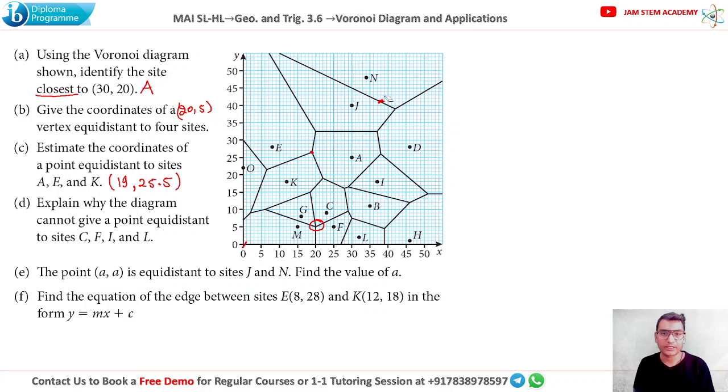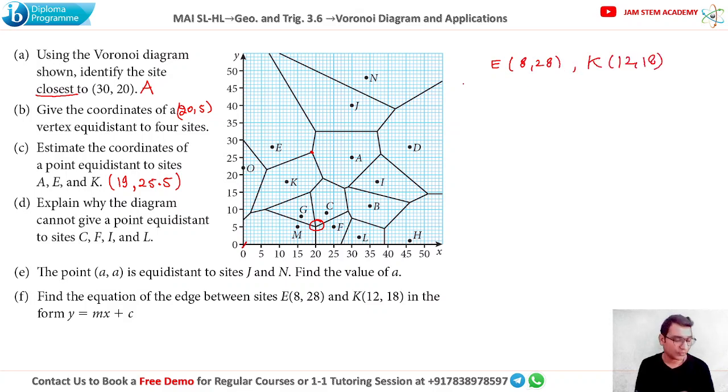Next part says find the equation of the edge between the sites E, having the coordinates (8, 28), and K, (12, 18), in the form y equals mx plus c. Simple. We have to find the perpendicular bisector of these two. We are already given E point which has the coordinates (8, 28) and the coordinates of K which is (12, 18).